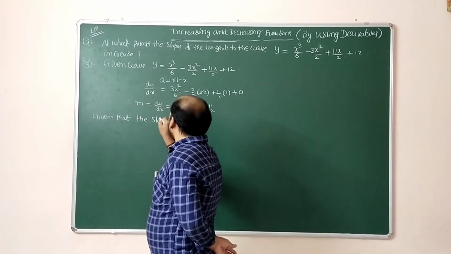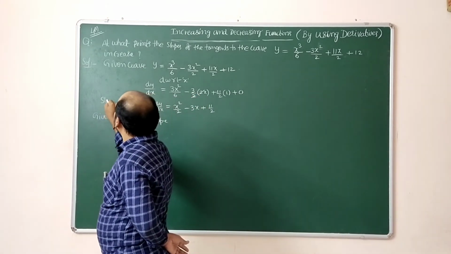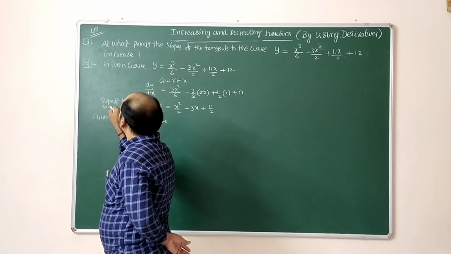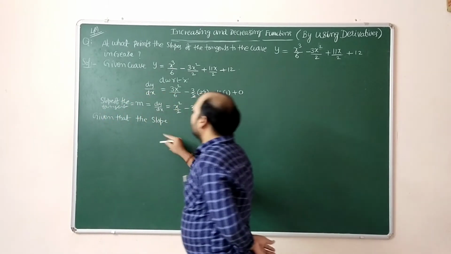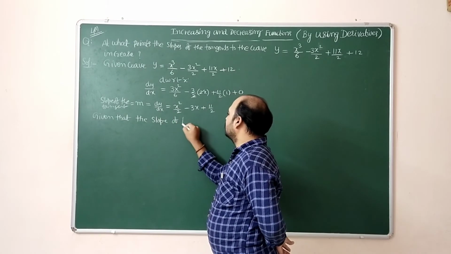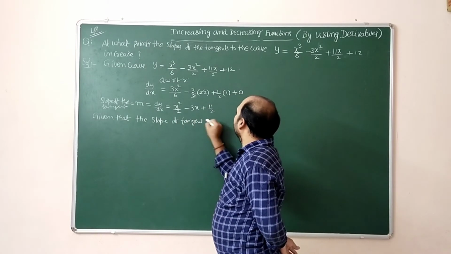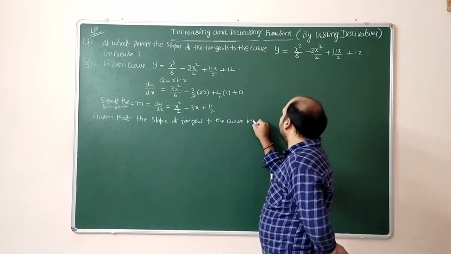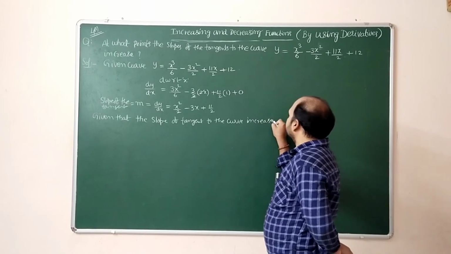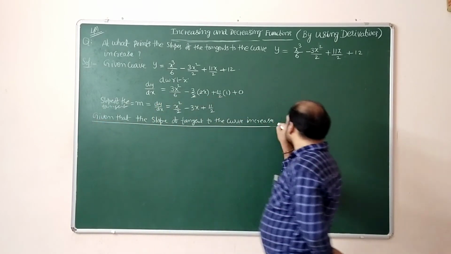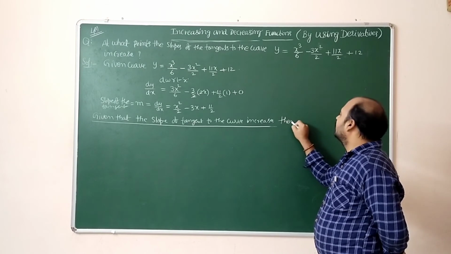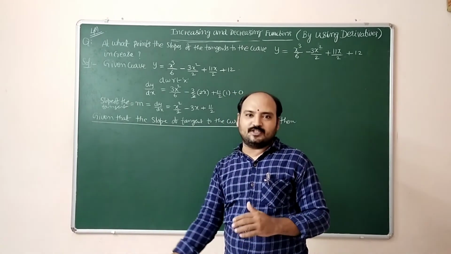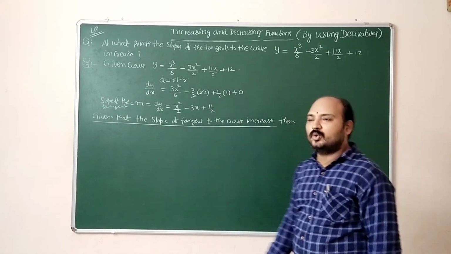Given that the slope of the tangent to the curve increases, then whenever a function is increasing its derivative is greater than 0, f dash of x is greater than or equal to 0.